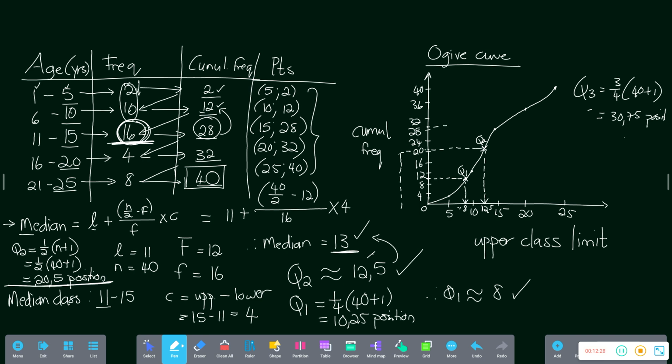Then I would go across to my curve, and now I drop down to read it. It's pointing towards the 15. So therefore, my Q3 is approximately 15. Let's label it Q3. And that is how we use the Ogive curve to find our quartiles.